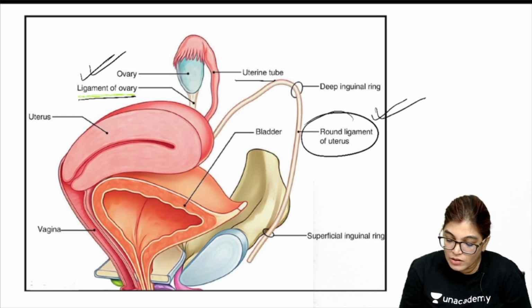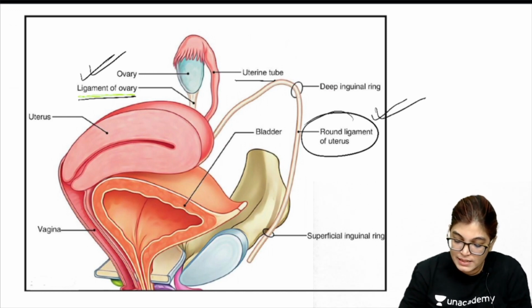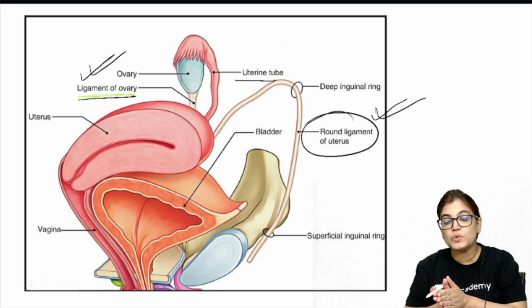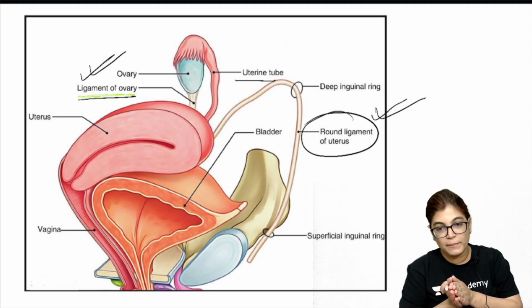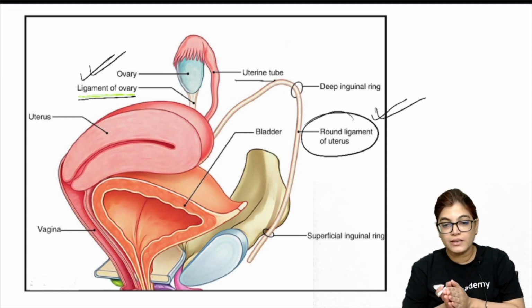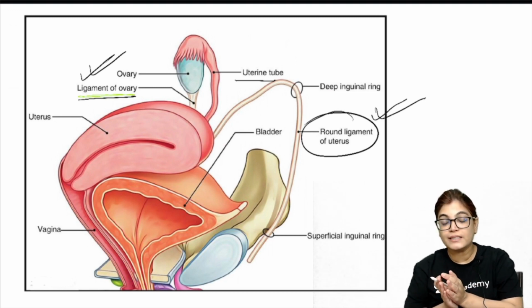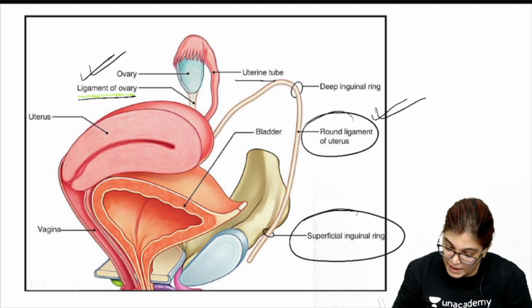Okay. Now round ligament of uterus begins from the lateral angle of the uterus, then passes forward laterally. It is lying between the two layers of the broad ligament.